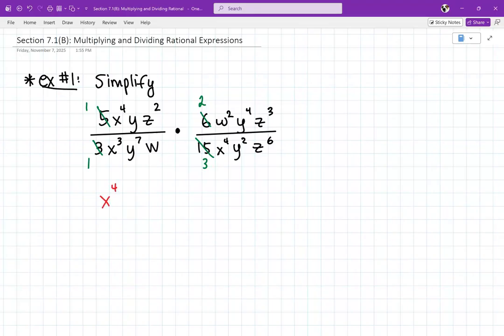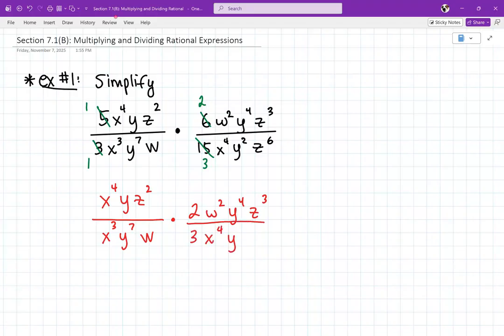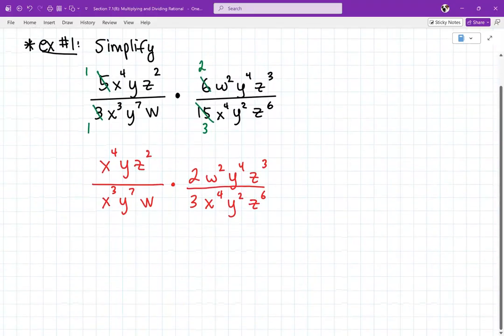So x to the fourth y z squared over x cubed y to the seventh w, times 2w squared y to the fourth z cubed over 3x to the fourth y squared z to the sixth. Again, this is an extra step you don't really have to do. I'm just doing it to show you what we just did. We simplified the numbers. Can 2 and 3 be reduced, these two coefficients? No, so we're good with the numbers.